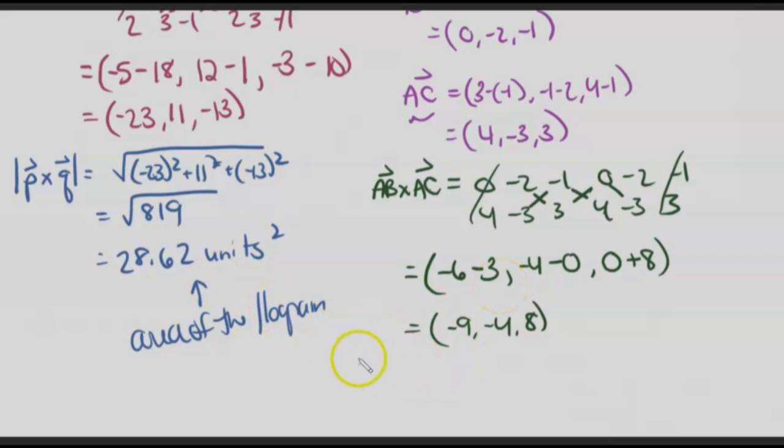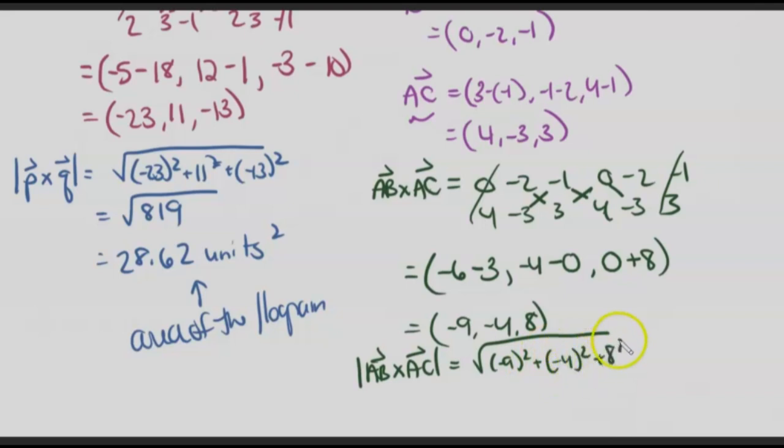And now simply, if we want to find the magnitude of the cross product, we just do the square root of -9 squared plus -4 squared plus 8 squared. Okay, and we want 161, and that's going to be in units squared.